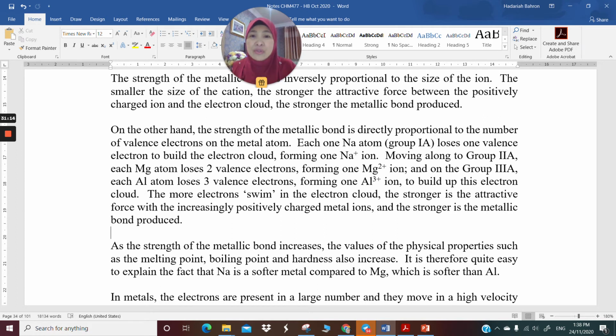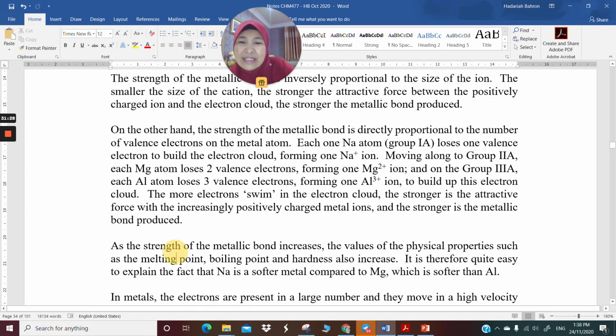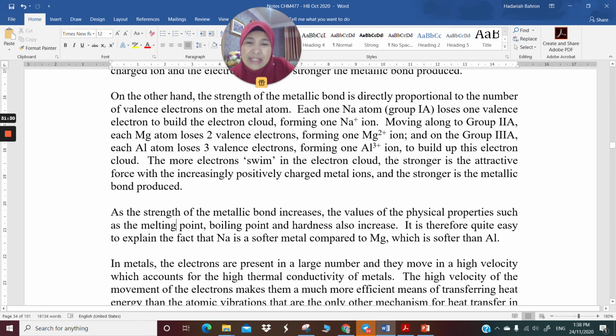And moving along to aluminium, the element next to magnesium, you're going to have 3 valence electrons swimming in the sea surrounding the aluminium 3+ ion.